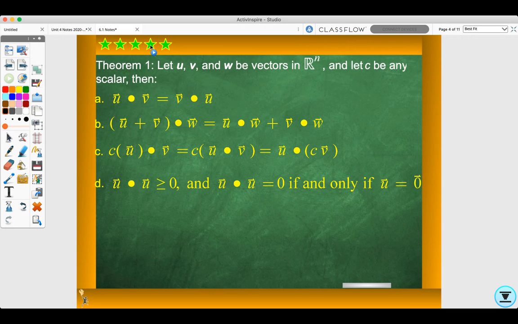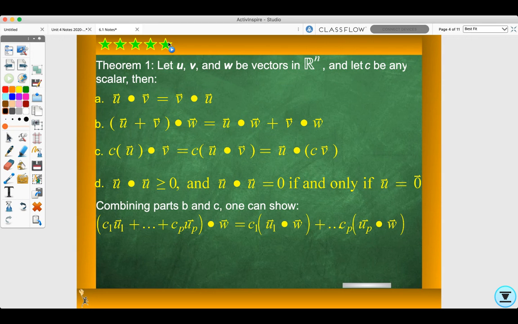U dot u is greater than or equal to 0, and u dot u equals 0 if and only if u is 0.